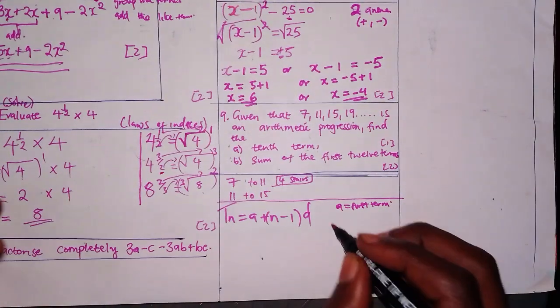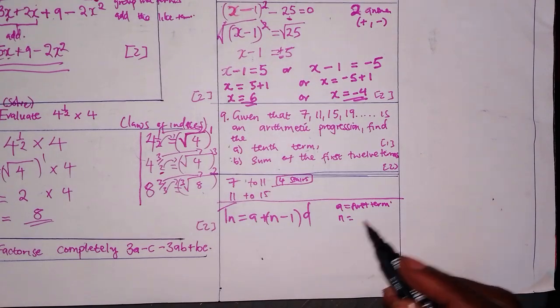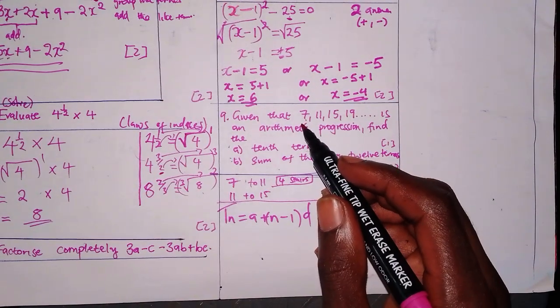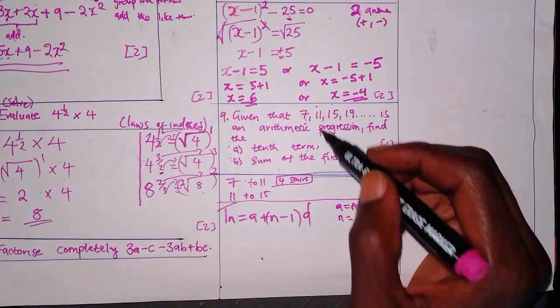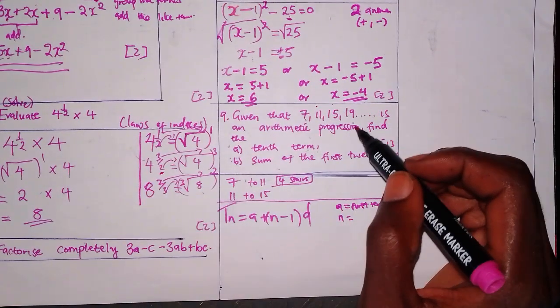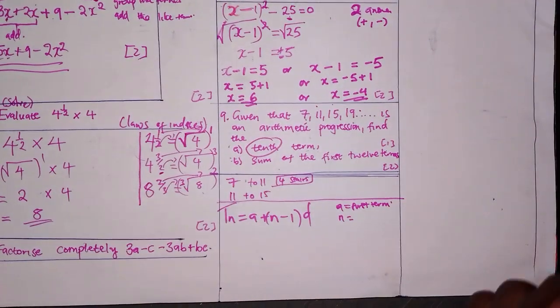Then n, since we said that the numbers keep on increasing. So meaning if a is the first term, we also have the second term, the third term, the fourth term, the fifth term, and in our case we also have the 10th term.